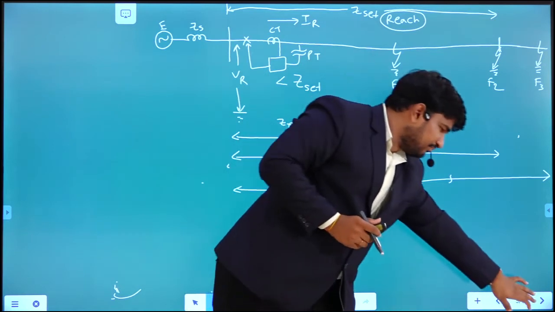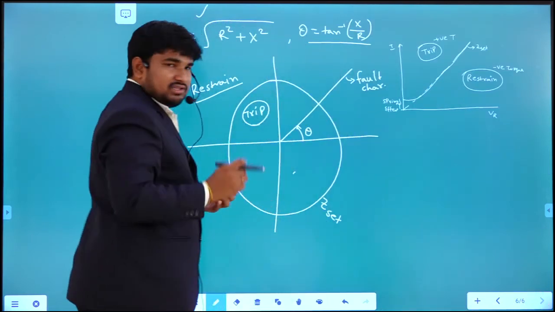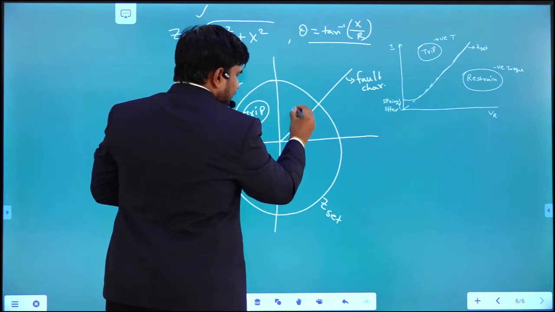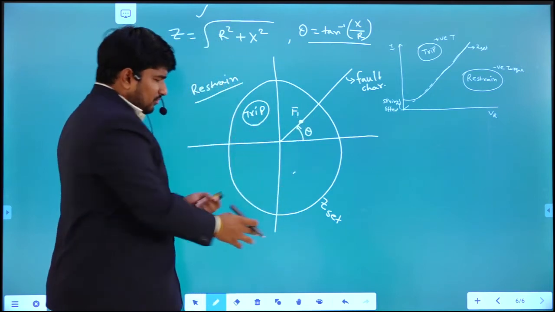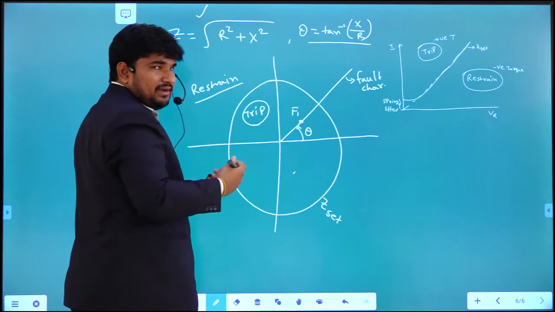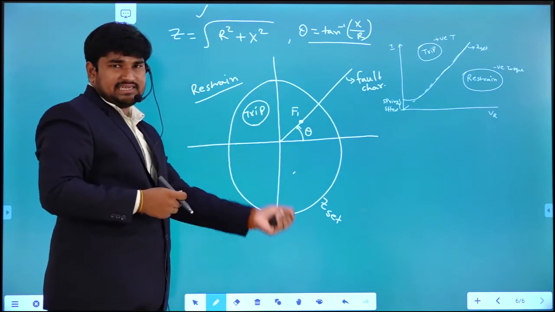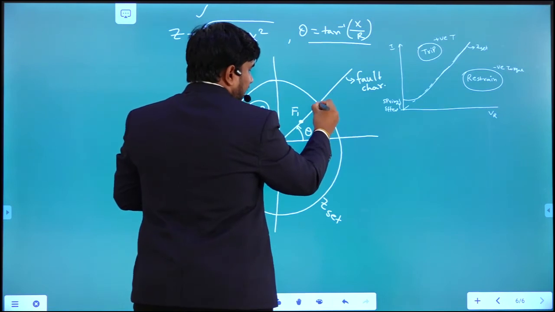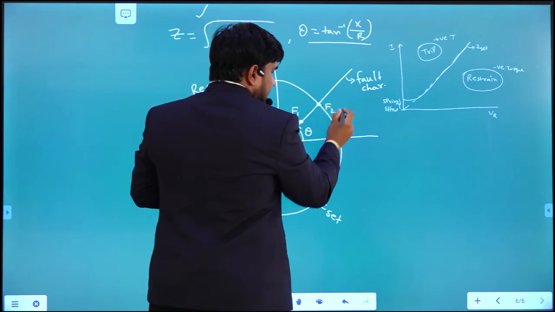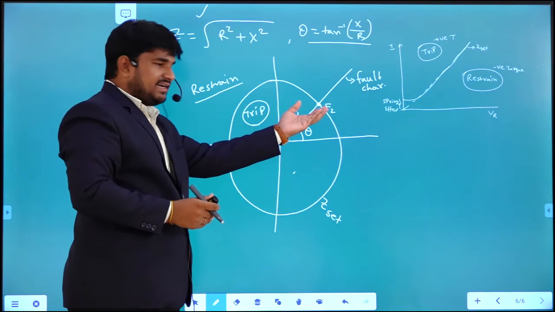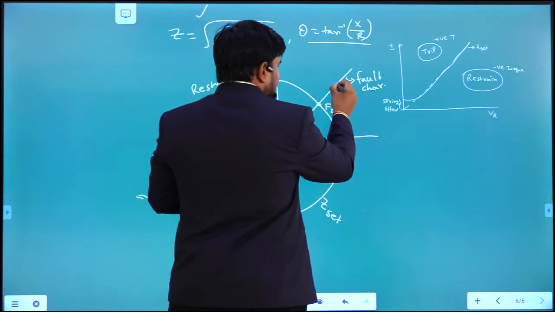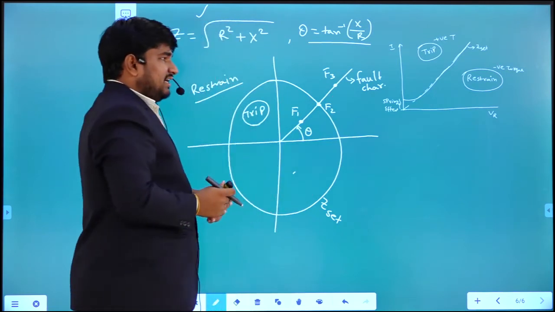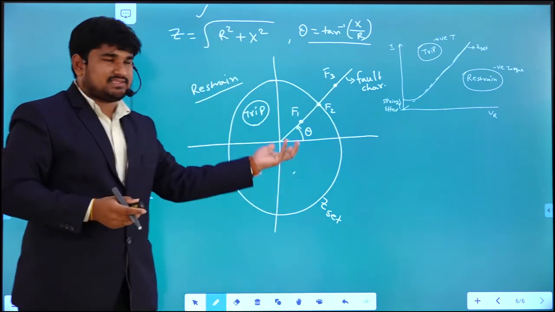These three points can be represented like this: the first point has impedance less than the Z set value, as the radius of the circle is Z set, and the point of fault 2 is equal to Z set. That's why I have indicated it here. And point 3, which is outside the reach, can be indicated like this.